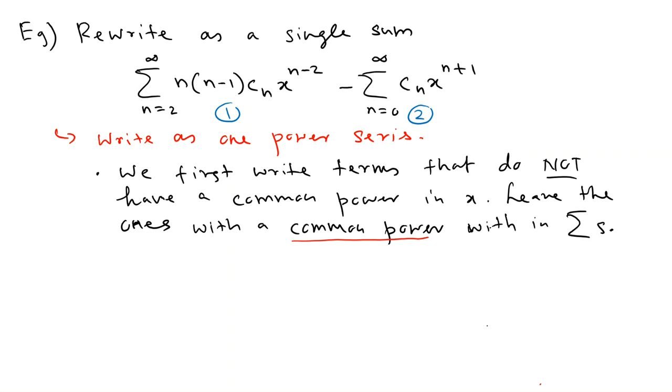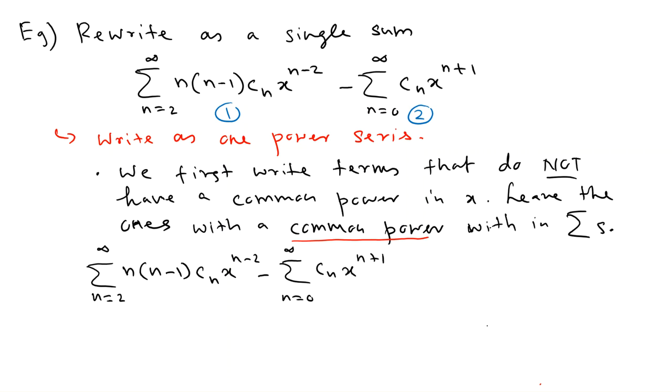So now how do we do it? We can write the two series again. So sigma n going from 2 to infinity, n minus 1 Cn x to the n minus 2 minus sigma n going from 0 to infinity Cn x to the n plus 1. So we write the uncommon one first.